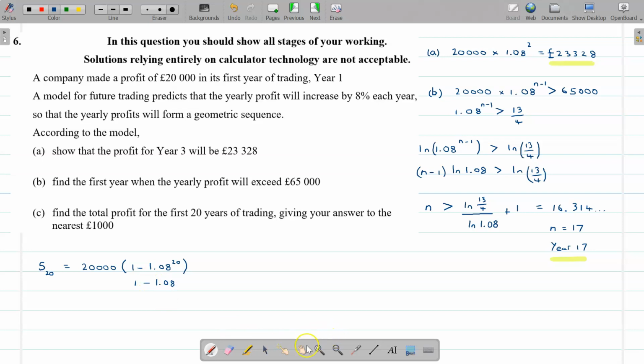And that's literally just using the formula for the sum of a geometric sequence.